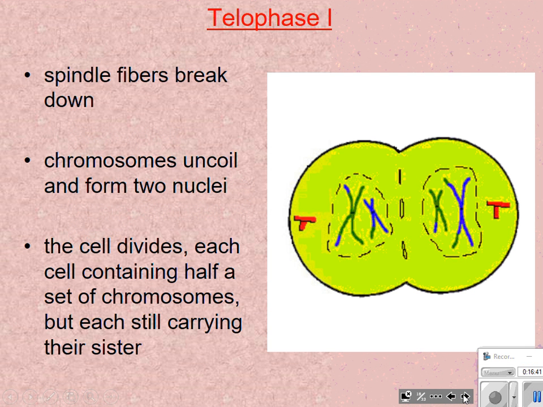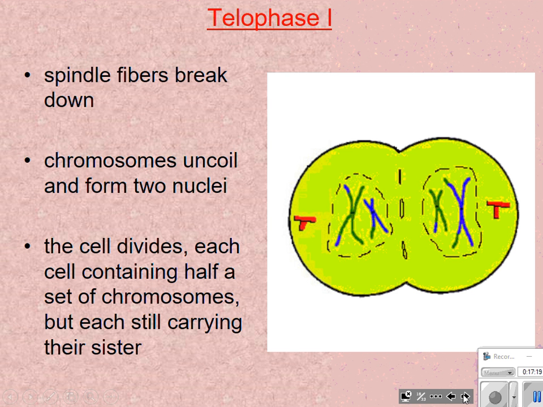In telophase 1, excuse me, the spindle fibers break down. The chromosomes uncoil and form two nuclei. The cell divides, each cell containing half a set of chromosomes, but each still carrying their sister. So the sister chromatids are still together, okay? But the homologous chromosomes have split apart.